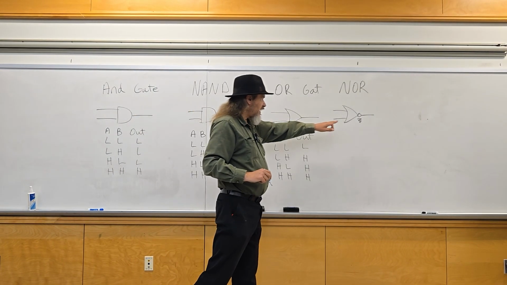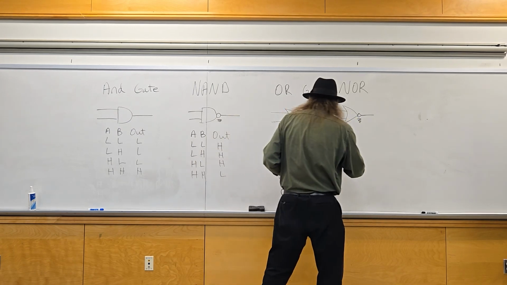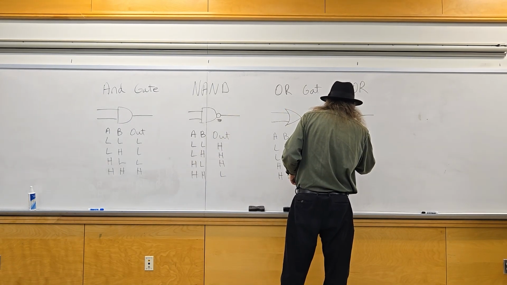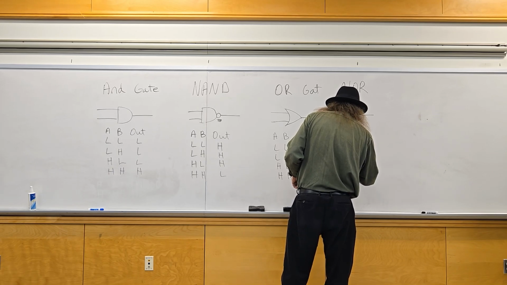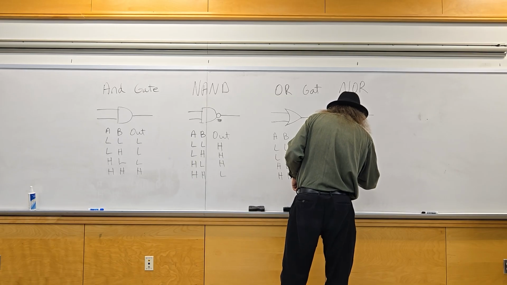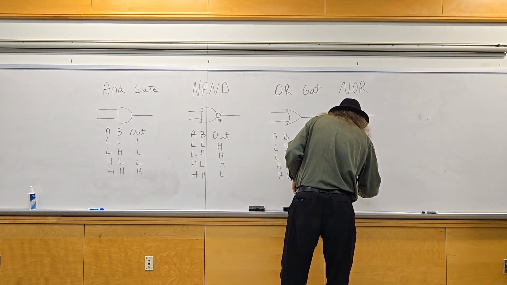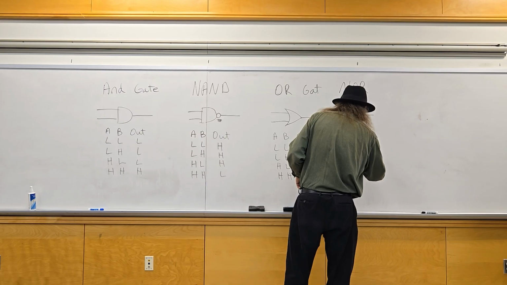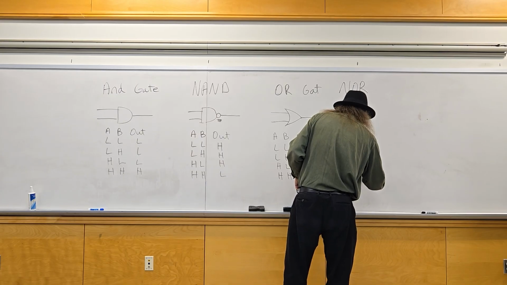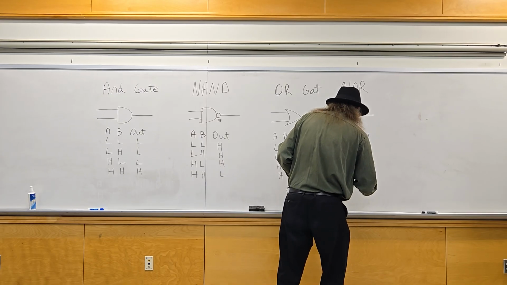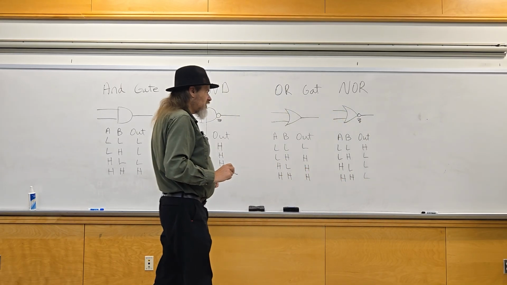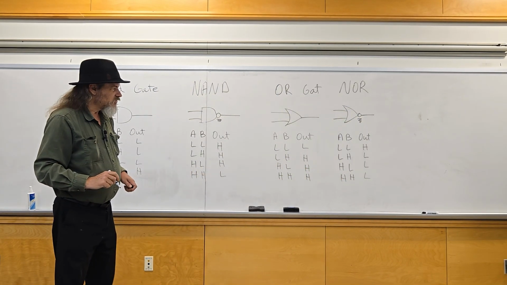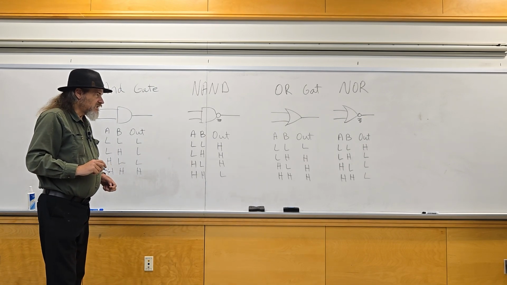And the NOR, because it has the inverting bubble, is the inverse of that. If either A or B are high, the output is low. If they're both low, the output is high.